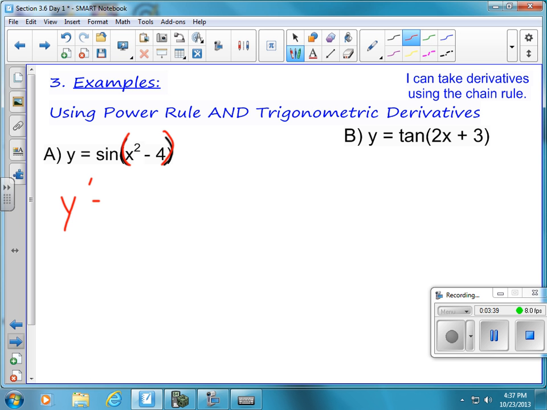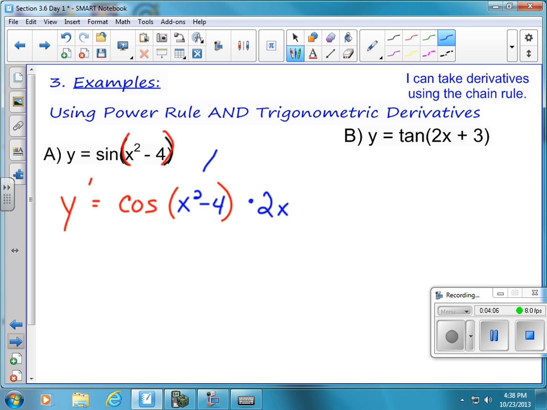The derivative of sine is equal to cosine, so we have the cosine of this something, which happens to be x squared minus 4. And again, we multiply by the derivative of that inside something, which is 2x. So this is the derivative of the outside times the derivative of the inside.